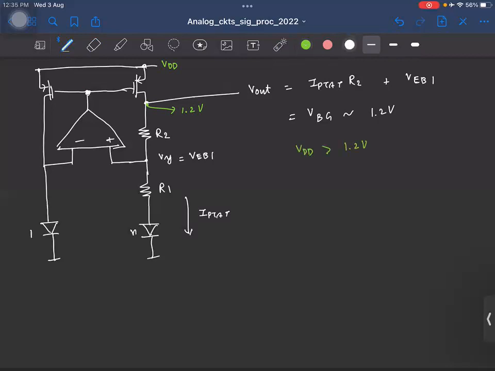And in modern designs where we have supplies of less than 1 volt, it's not possible. So the main problem is it has issues with low VDD, right?